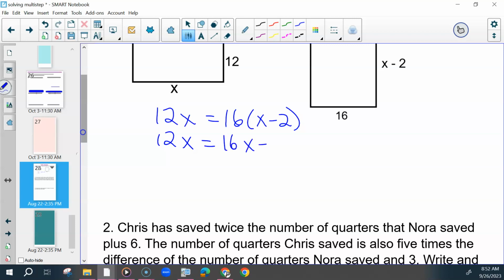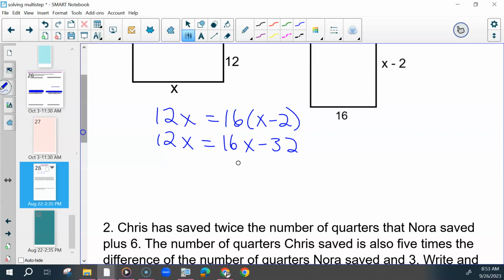We have 16x minus 32. What would be our next step? How do we get all the variables to the same side? You could subtract either, but subtracting 12 would help you get them all on the same side and not create an extra step.